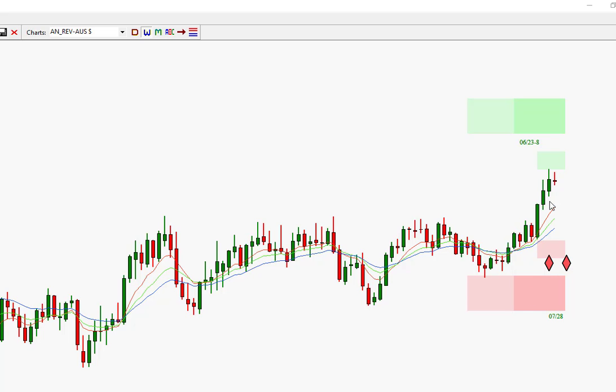So for example, a swing top would be a price bar that has a higher high than the previous bar, and then is followed by price bars that make lower lows without going above that high. So that would be a swing top high right there, for example. Here's a swing bottom low. Then you move up, here's a swing top, swing bottom all the way up here.